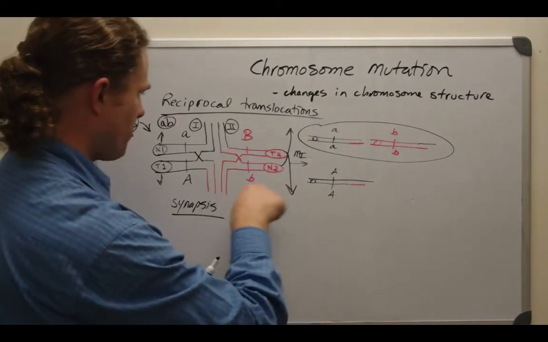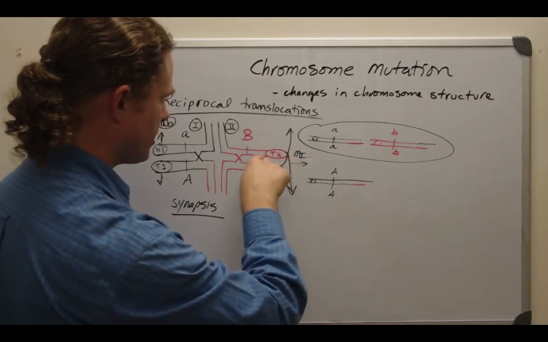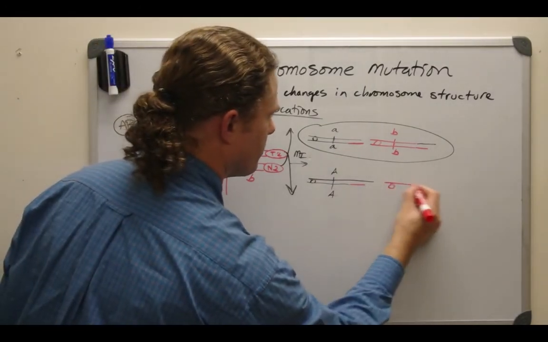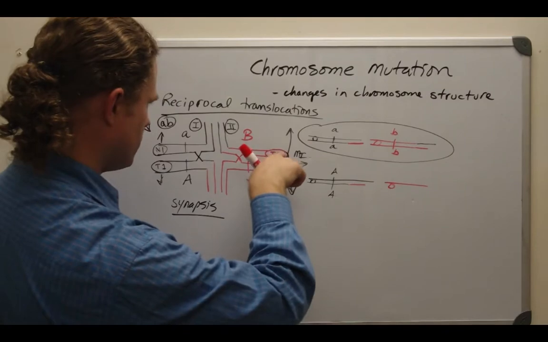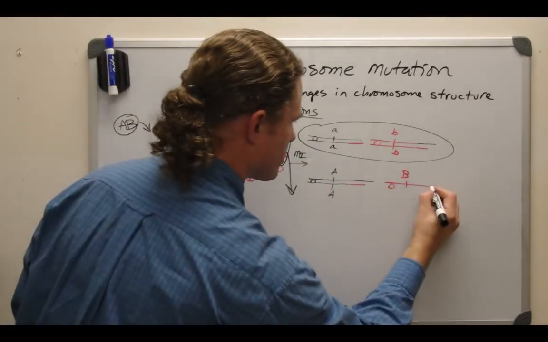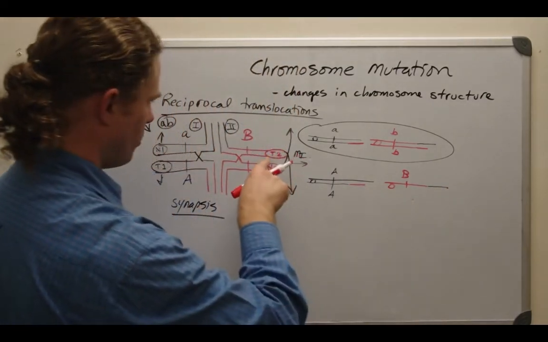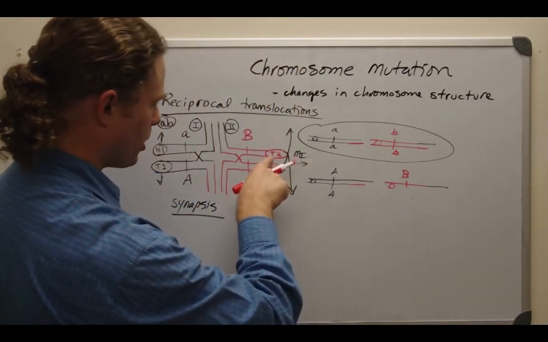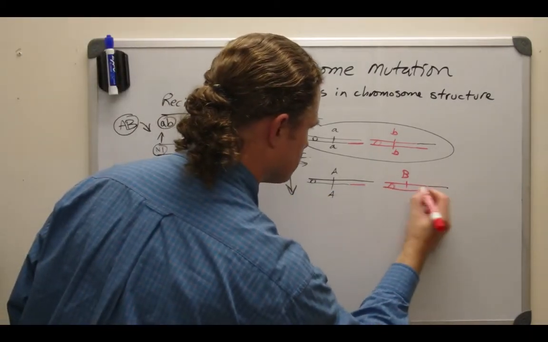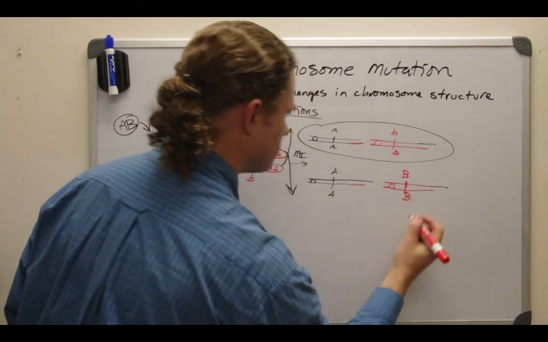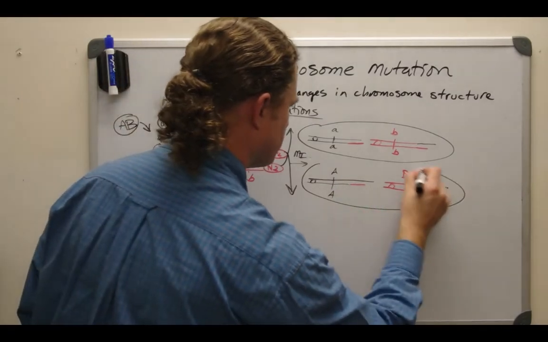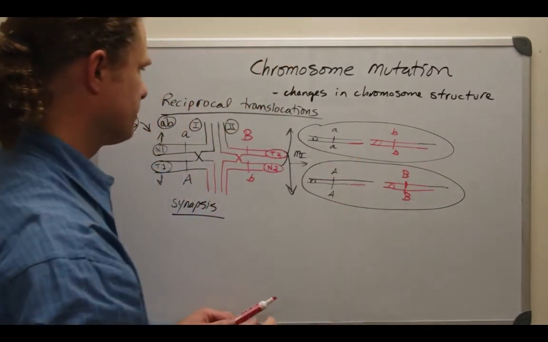Okay, for this lower cell on this side, that means that we've taken this one along for the ride. So this one has the big B. So let's just do the top chromatid first. Has the big B on a translocated structure. And then on the one that was involved in the crossover, we have a big B now on a normal structure. And that's this cell after meiosis 1.